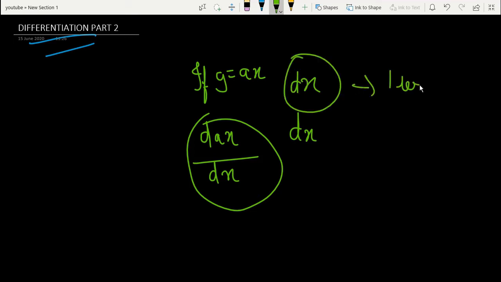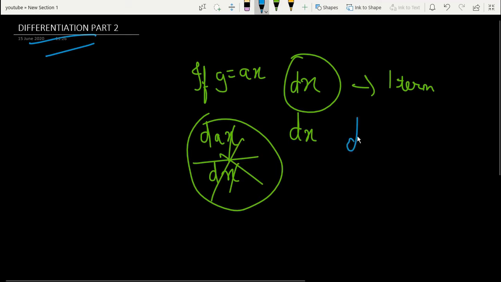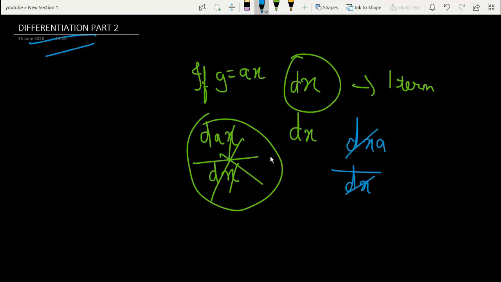Okay, remember this. So you cannot cut x and x. This is wrong. You can cut dx and dx. You can cut this and this. So the differentiation of d(ax) by dx is a. Simple. Now the next.